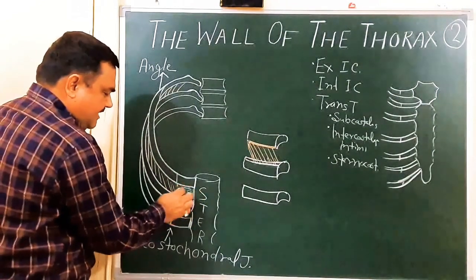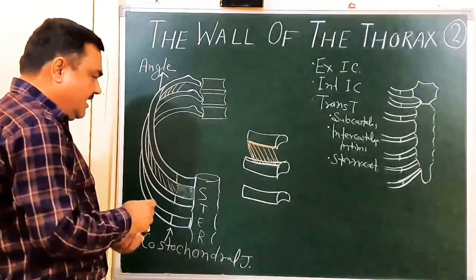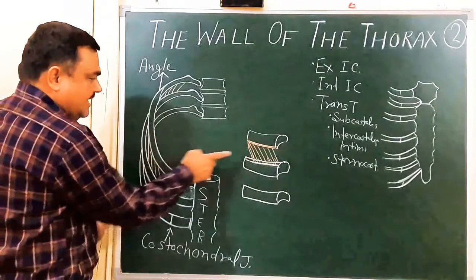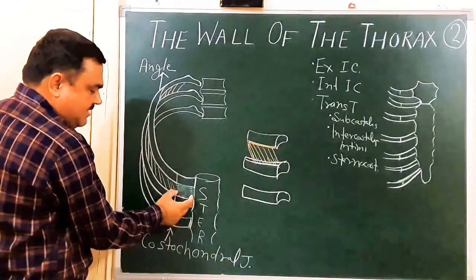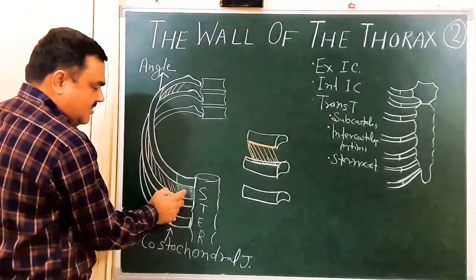So this is external intercostal muscle, and here this muscle is replaced by external intercostal membrane.